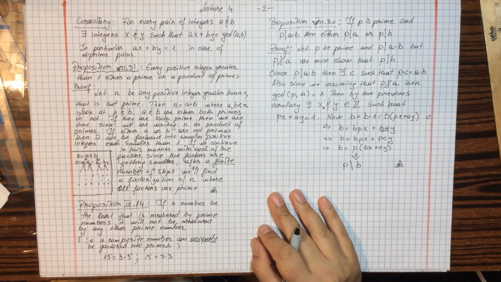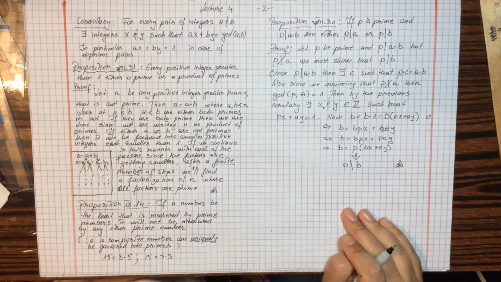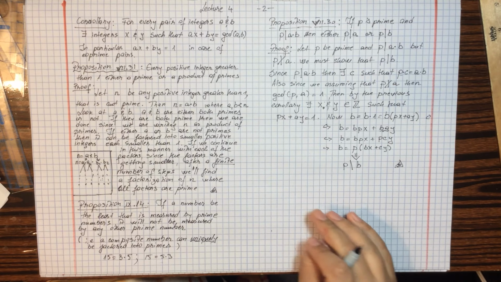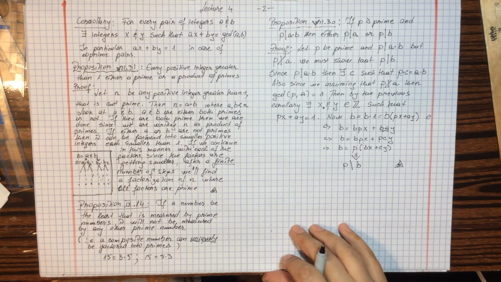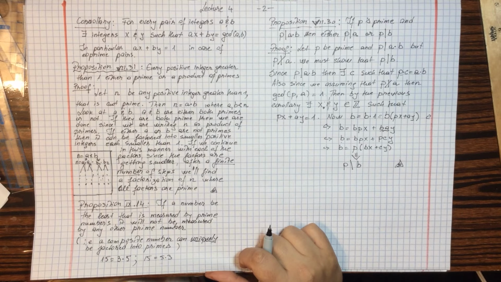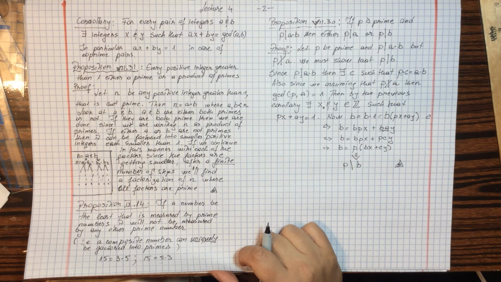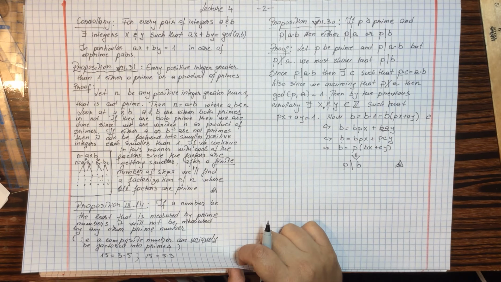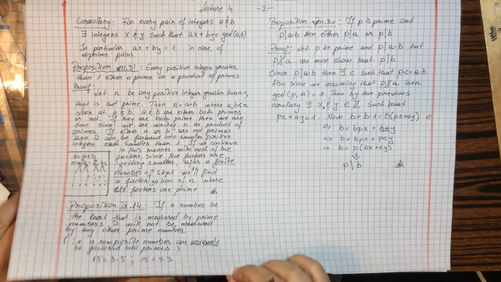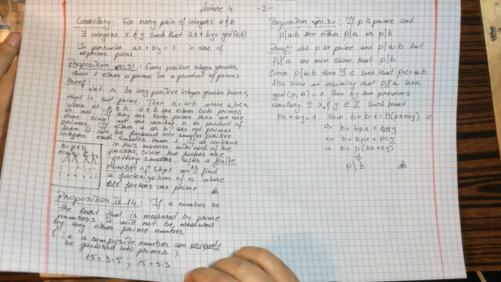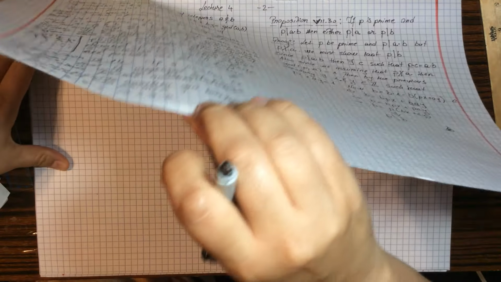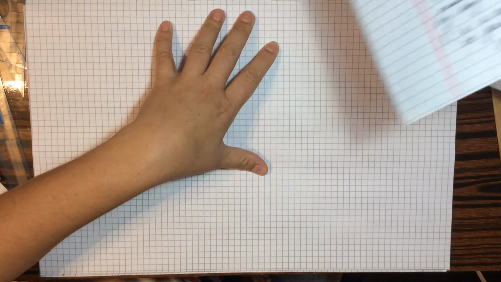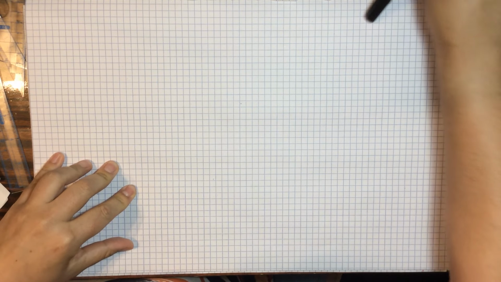All right, so now comes the big theorem for this chapter. And this is Euclid's proof of the infinitude of primes. So I'm just going to write them in a separate paper. It's not very long. Let's see. Okay, I do the usual.